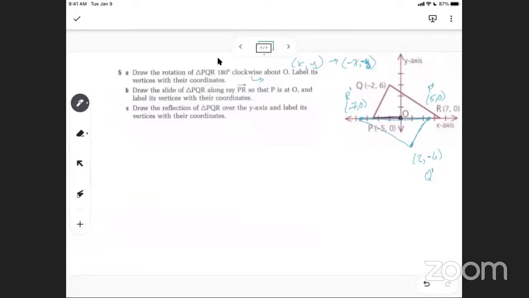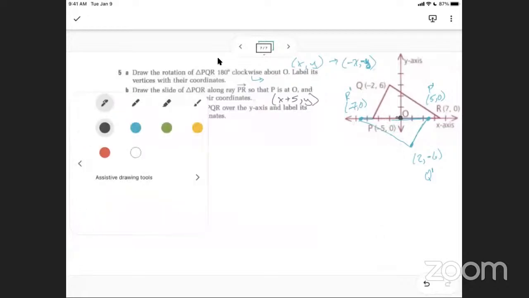So we're going to add 5 to each of the X coordinates. That makes sense? So that's your mapping. You just add 5. I'll let you do that on your own.